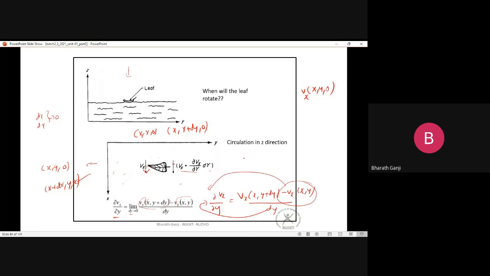Then what is the velocity in the x direction at a dy increment? If you increment by dy in the y direction, what does the velocity become? To the velocity at the initial point x comma y, you add the extra distance you walk, dy units in that direction. If you know the derivative of the velocity in that direction, you can multiply it and add it, and you get the velocity here, right?